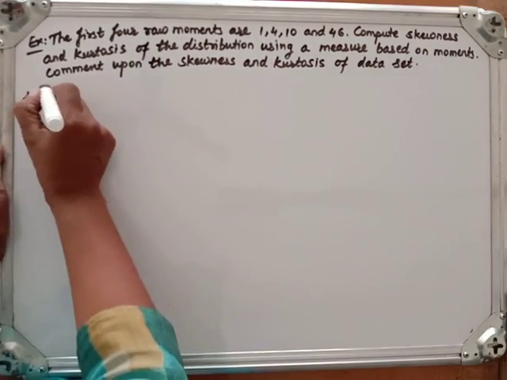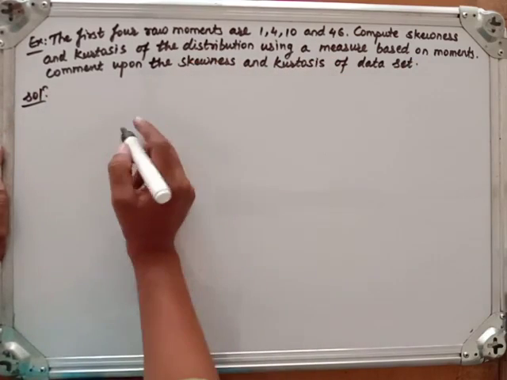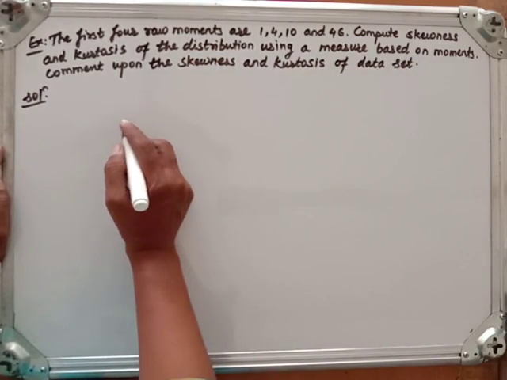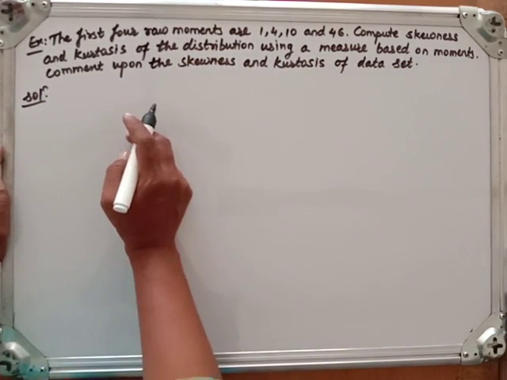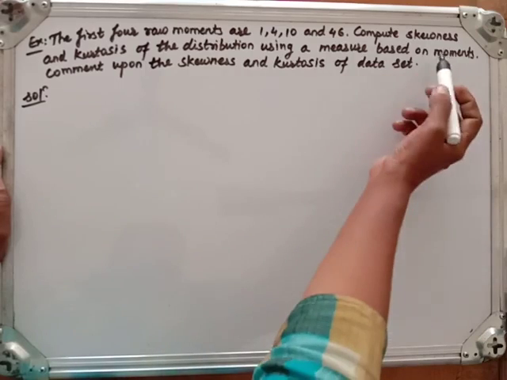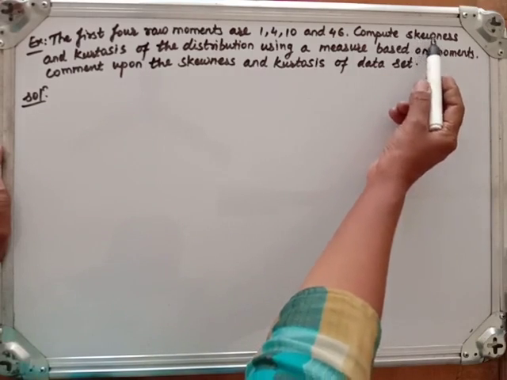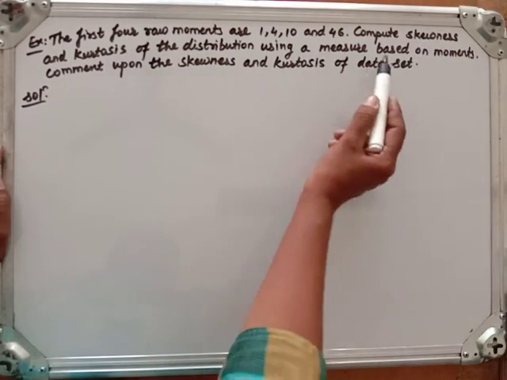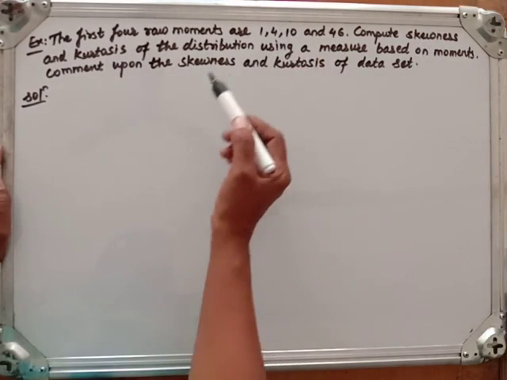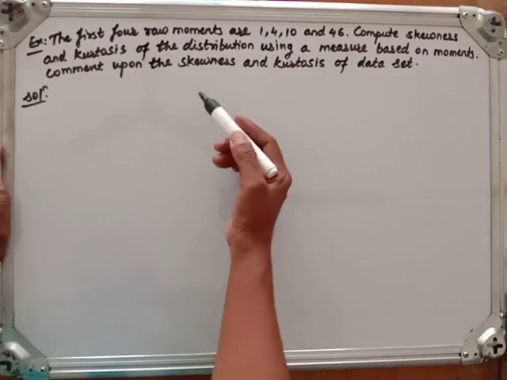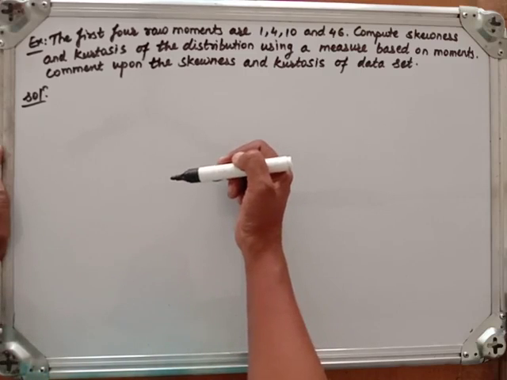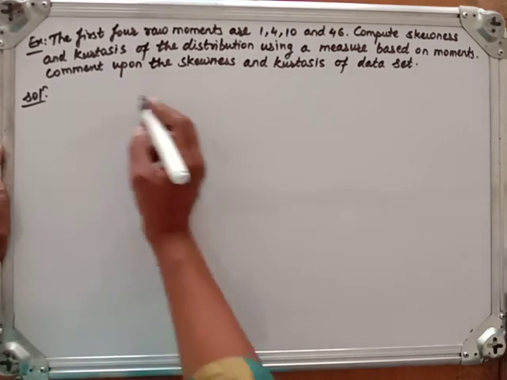Solution. Again, same thing, the raw moments are given to us. What is asked? We have to find the skewness and kurtosis of the distribution using these moments. So for that we need to find central moments again, and later on we can say about skewness and kurtosis.